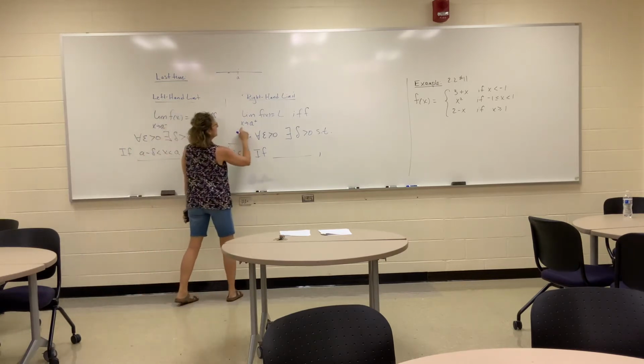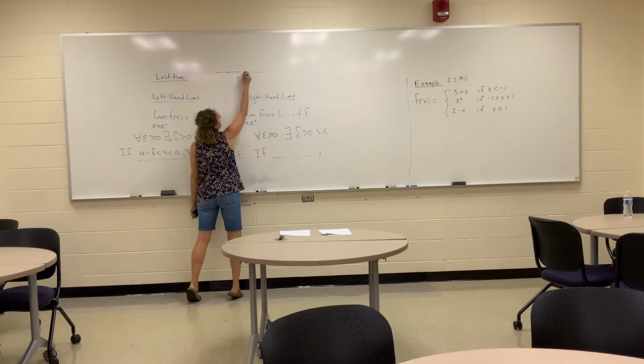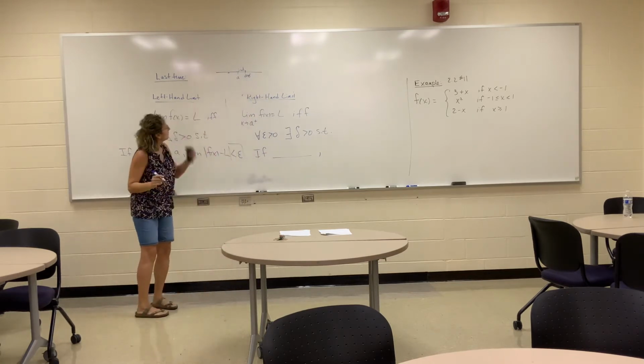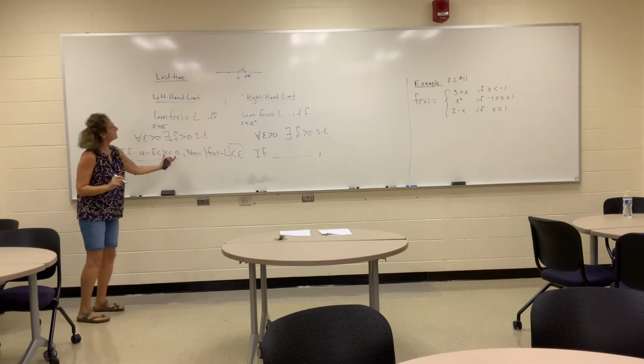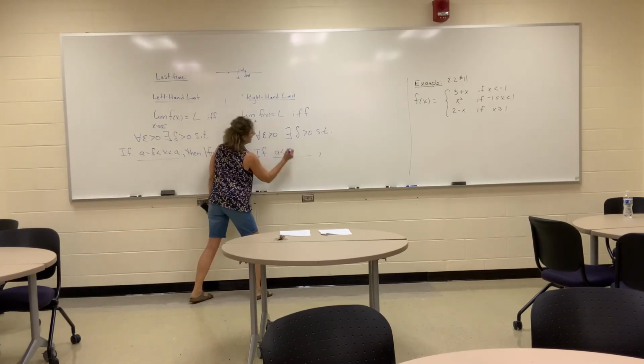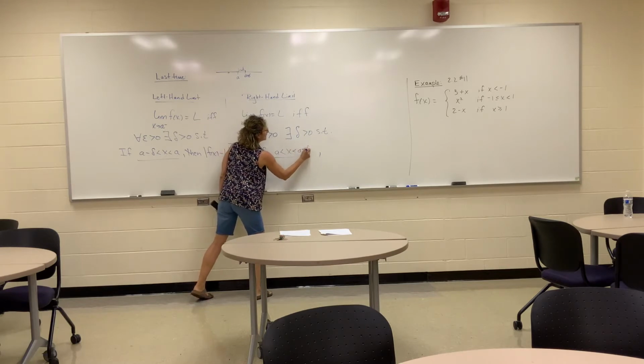As x approaches a from the right, x can range a distance delta away from a to the right. So the inequality writes itself: a is less than x is less than a plus delta.